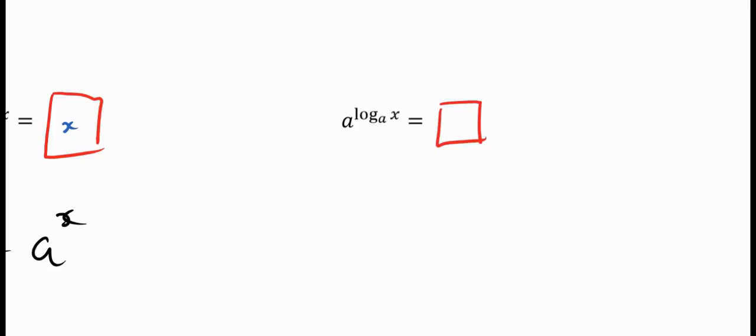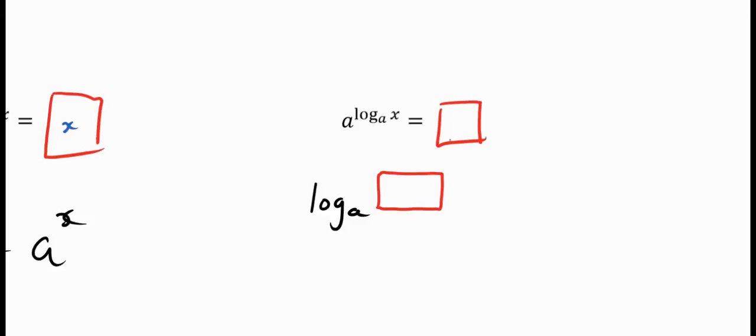So this power, the base is a. So I'm going to say log base a, and the argument and the result trade places, or in this case the exponent and the result trade places.